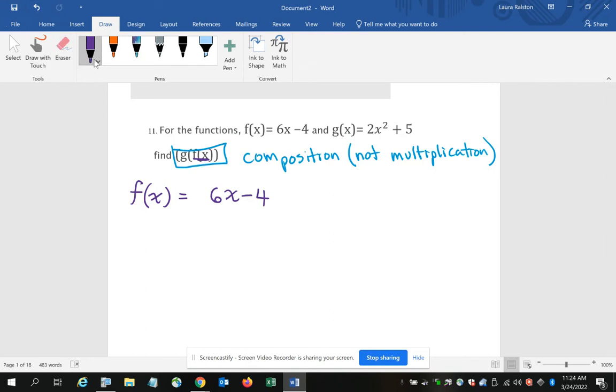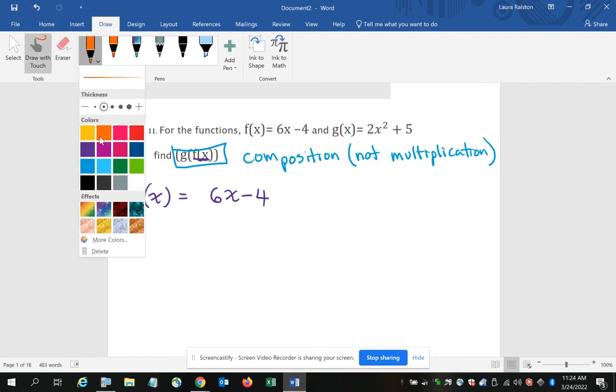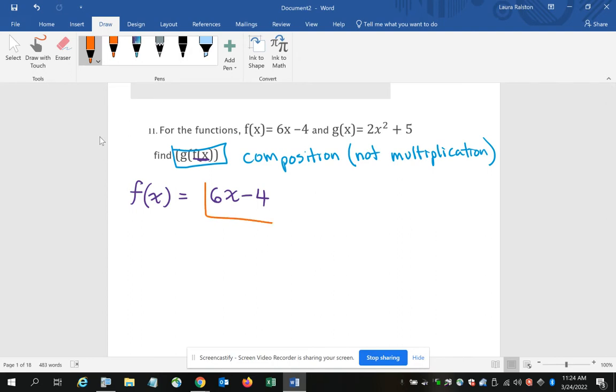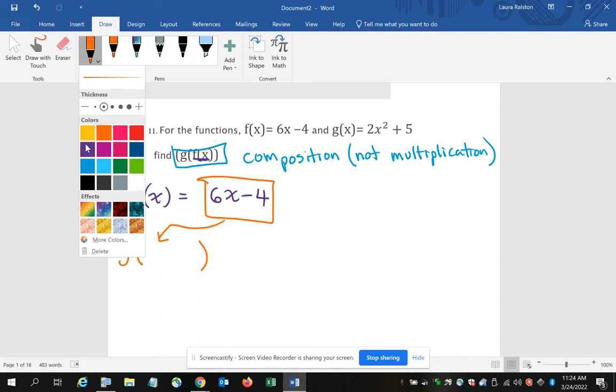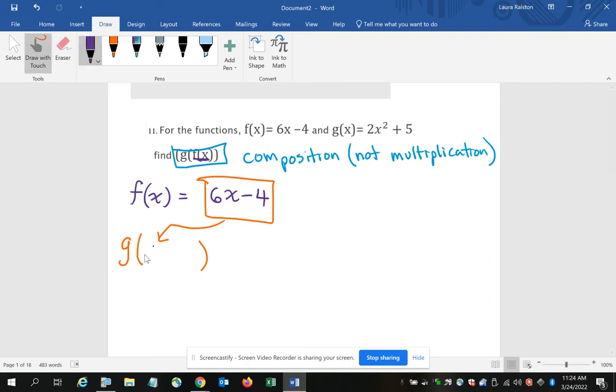I'm then going to take that answer and substitute it into function g. So I'm going to plug 6x minus 4 into function g wherever there is an x.